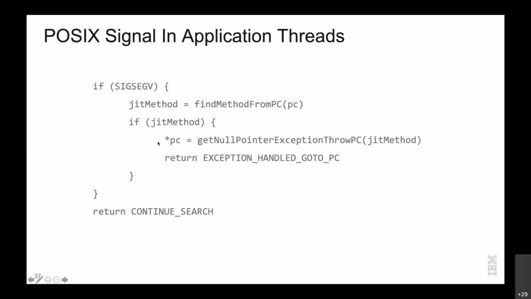Then the JIT signal handler says that the exception was handled and to please go to the PC that it specified. So if we dereference null in a JIT compiled method, we will actually throw a null pointer exception rather than crashing the JVM. But if the segmentation fault didn't occur in any JIT method, the JIT signal handler would just say, please continue to search. Perhaps another signal handler is able to handle this particular signal.